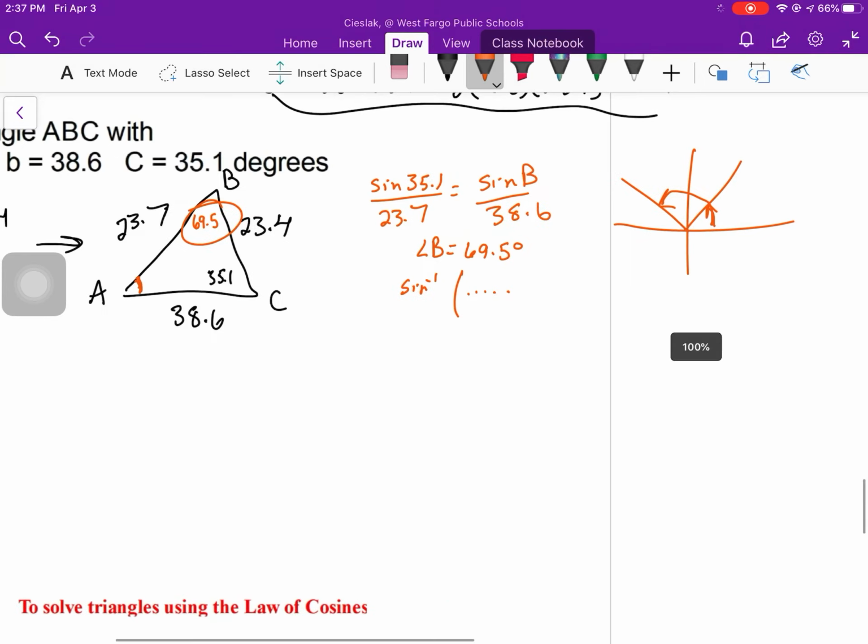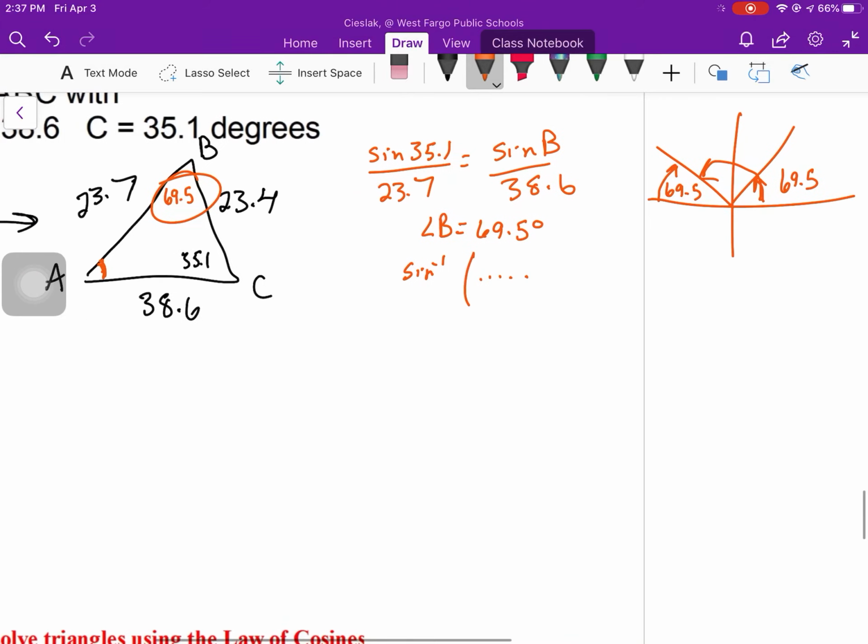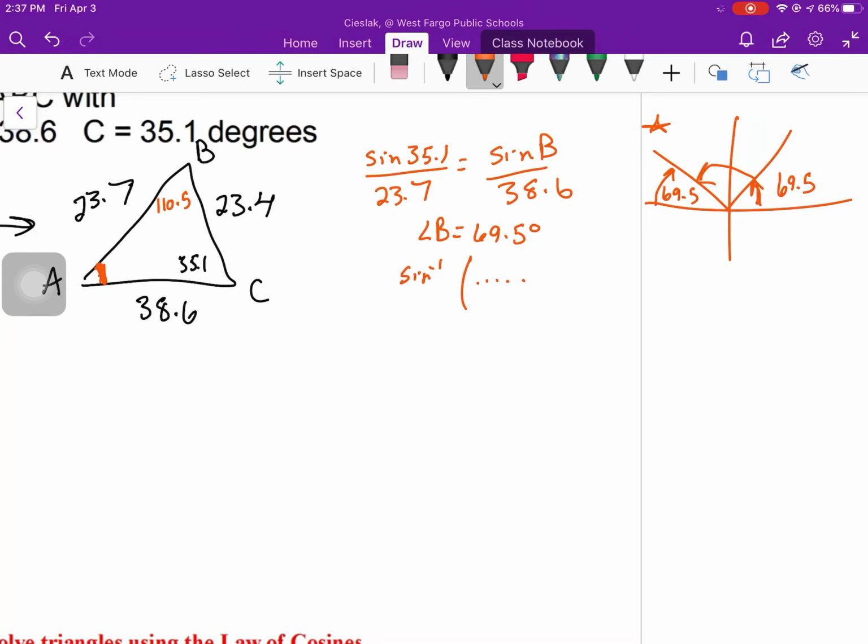We got 69.5 here or there. If I work backwards, 110.5 is what you get, and that is actually the correct answer on this one, because you've got to find the smaller one first down here, and then do 180 minus all of that. If you want to try that on your own, you will see that you do get 110.5, which is an angle with a reference angle of 69.5 degrees in quadrant 2.